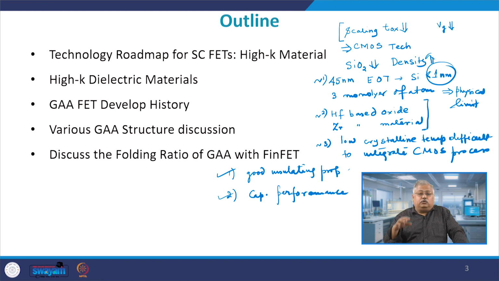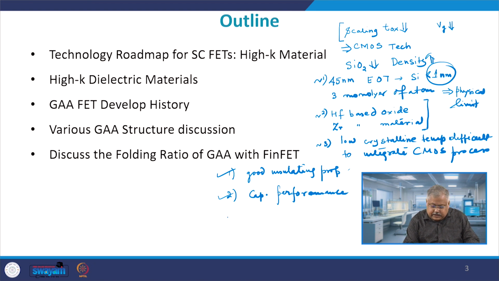Now, the problem is as you go on doing the scaling, if you lower down the dielectric thickness, there might be a finite probability of direct tunneling through the oxide layer. So, having a good insulating property is important, and the second part is the capacitive performance, primarily meaning that its capacitive degradation should not take place because of a bad interface with the silicon dioxide.